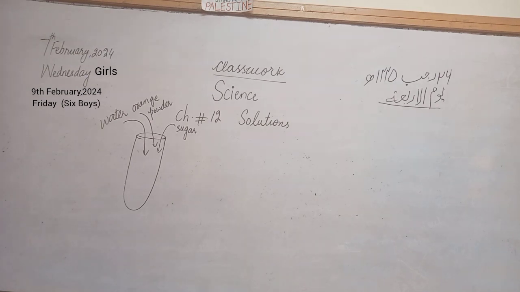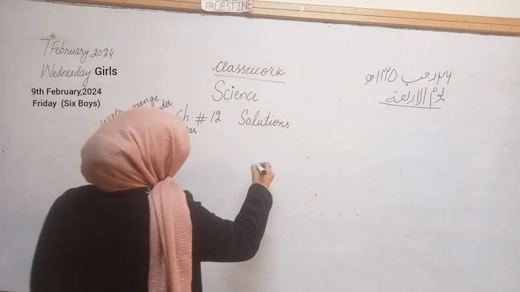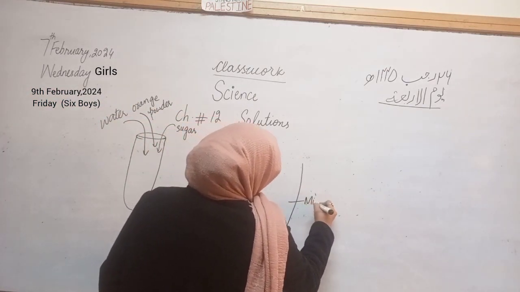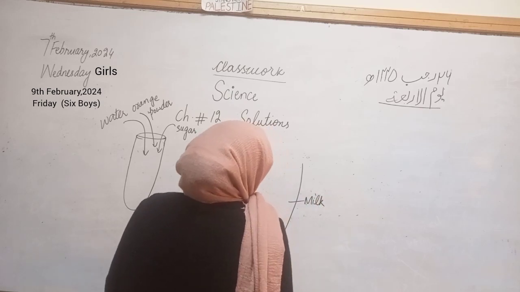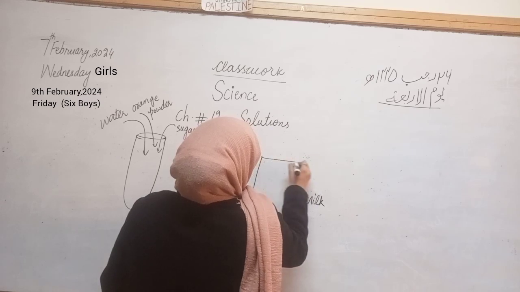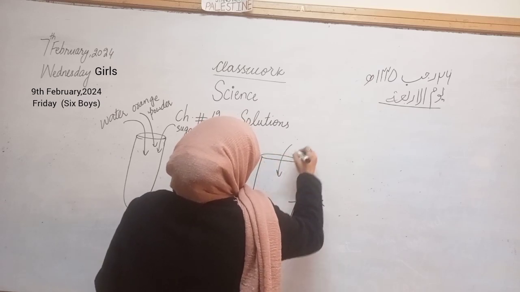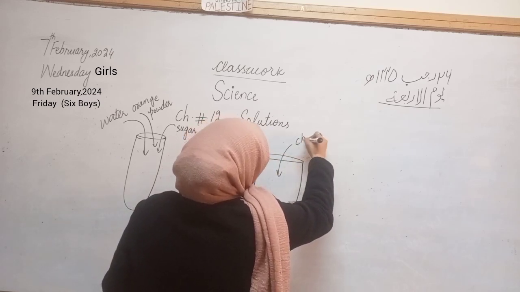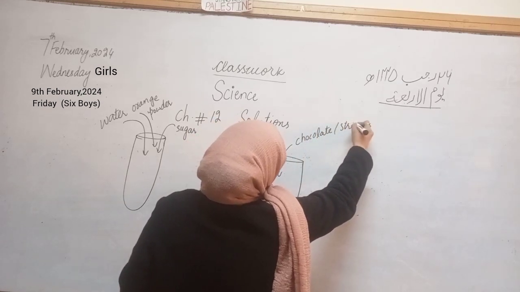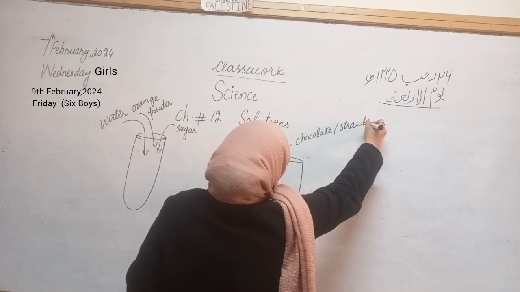If I talk about your energy drinks, for example, in glass of milk or cup of milk, you will add any flavored powder, you can say chocolate or strawberry, it's your choice.